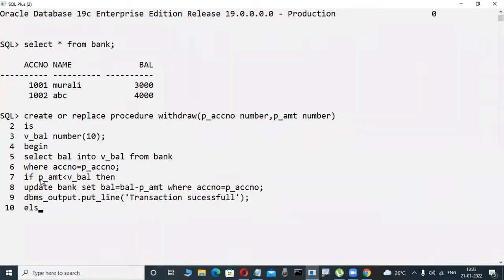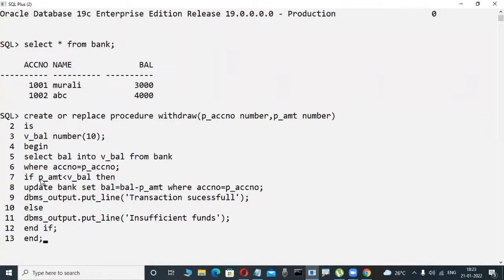Else, simple coding, some coding is there. Else, insufficient funds. Okay, some codings are there. This is not difficult coding, take it easy.